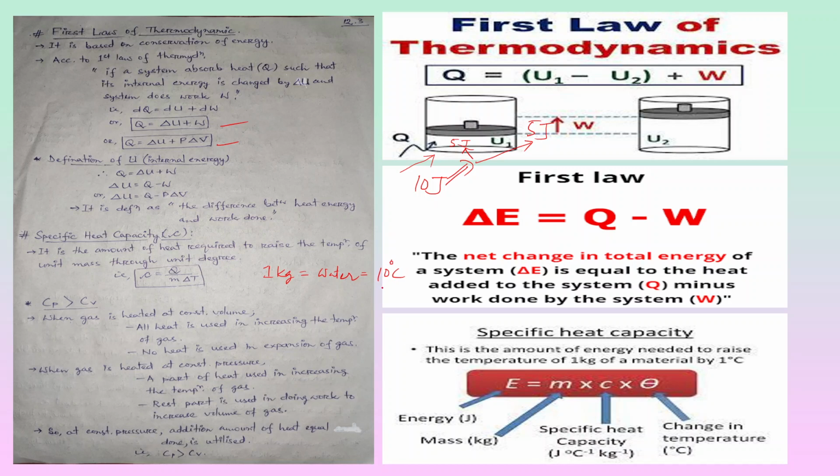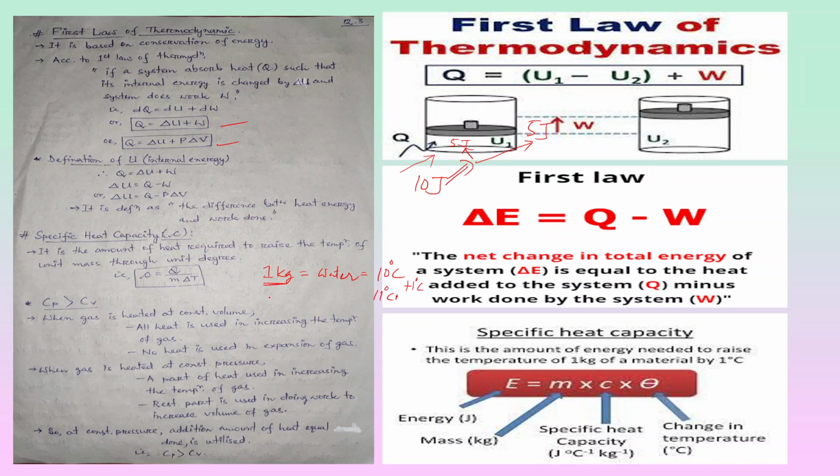Now if we want to increase their temperature from 10 to 11 degrees Celsius, so you see we want to increase only 1 degree. That means we need some energy to raise their temperature, right?